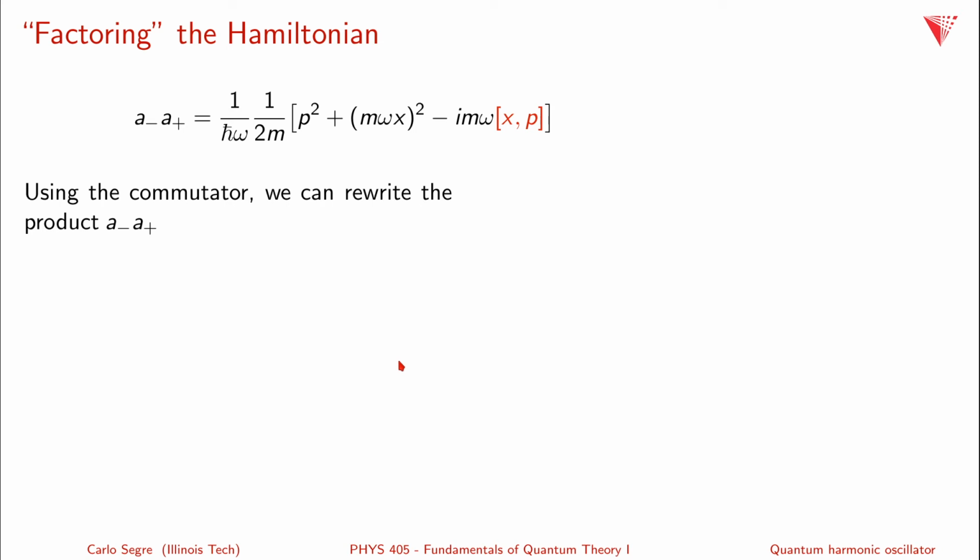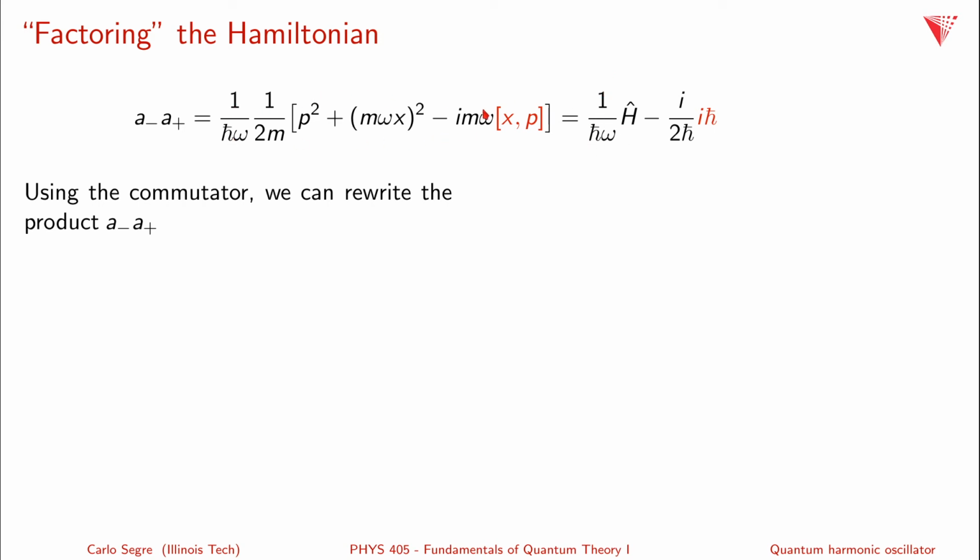So now we can factor the Hamiltonian with this. This is the value of a minus a plus, and it has this commutator left over, which is non-zero. But we know what it is, it's i h bar. So we're now going to replace it with i h bar. And remember, this quantity here is just the Hamiltonian. So now we have 1 over h bar omega times the Hamiltonian.